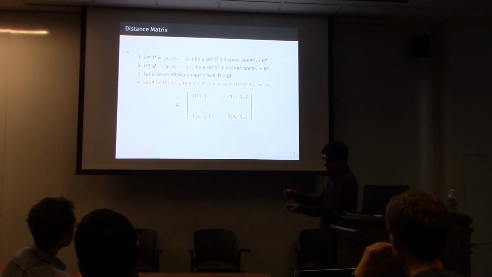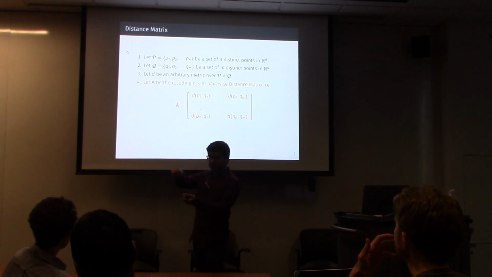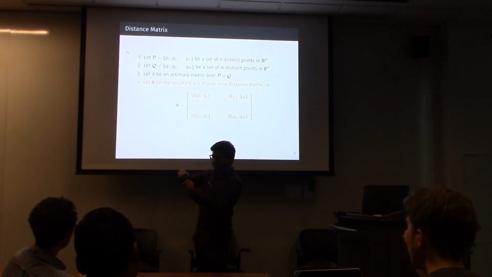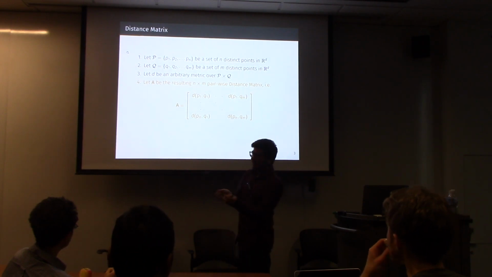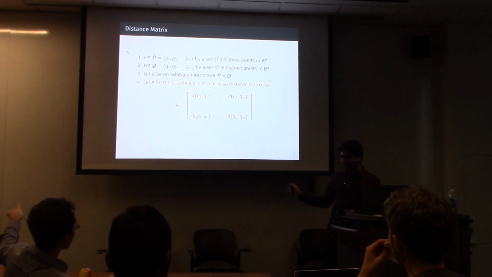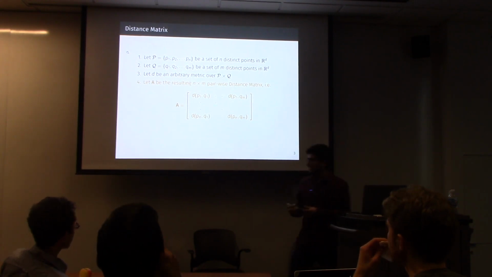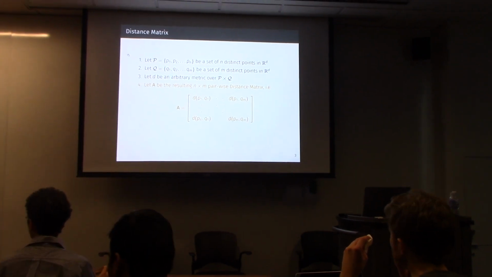But basically, you want to have a lower bound on the distances between the points in P and Q. So you pick any distance between P and Q, and now you want to say that this is lower bounded by the sum of all the other pairwise distances. Okay, it's easier to think of it in the case where P is equal to Q. Can you use that definition? Yeah. About the triangle inequality for P and Q?